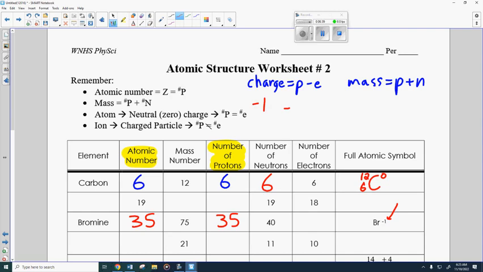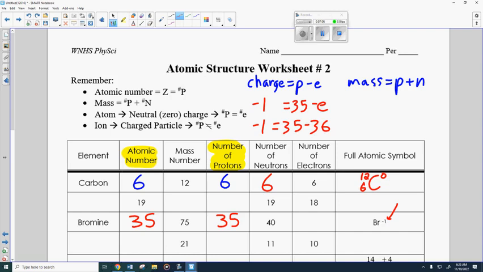I know my number of protons is equal to 35. And I'm looking for the number of electrons. So 35 minus what would make it -1? Well, that would have to be 35 minus 36. Which makes sense. If the charge is negative, that means you have to have more electrons than protons. How many more? Well, if it's -1, 1 more.